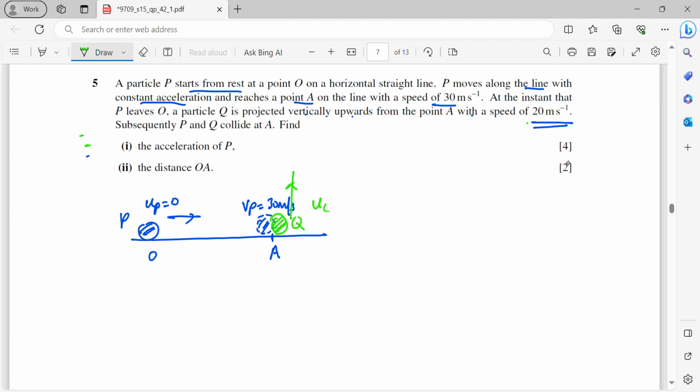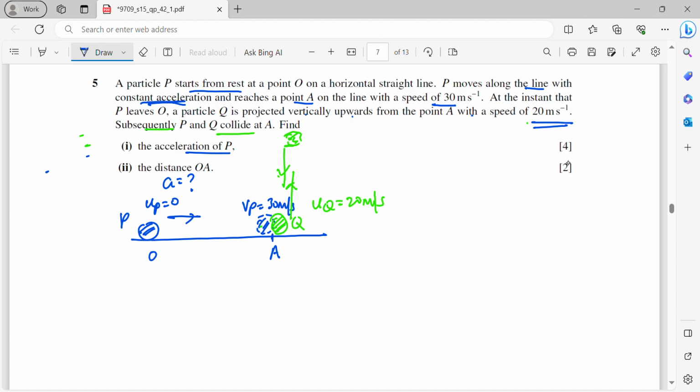So here UQ equals to 20 meters per second. Now, subsequently P and Q collide at A, meaning that Q reaches the highest point, then after that goes down, then collides with P. Now, find the acceleration of P.